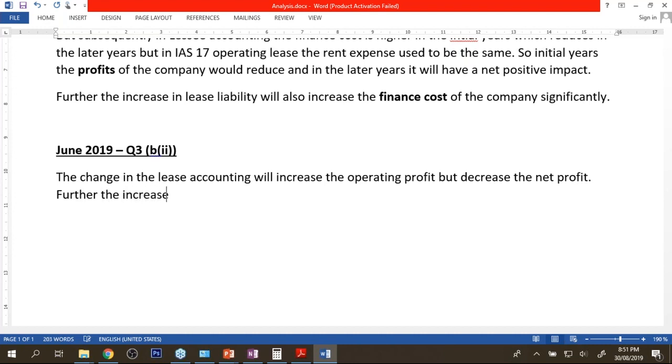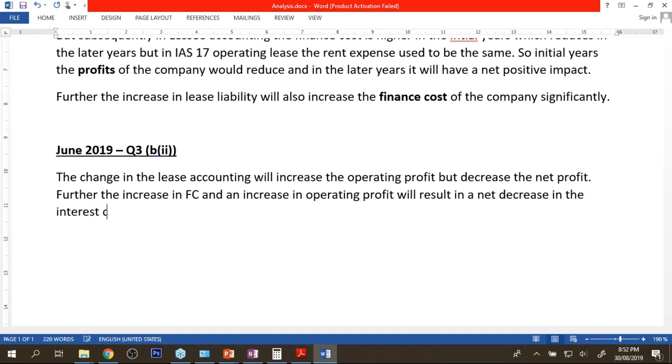Further, the increase in finance cost and an increase in operating profit will result in a net decrease in the interest cover.